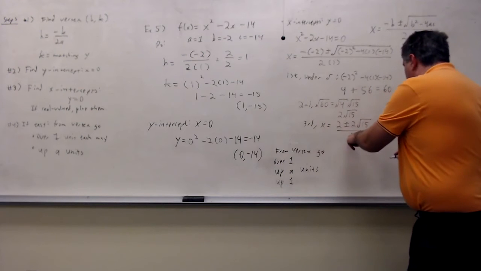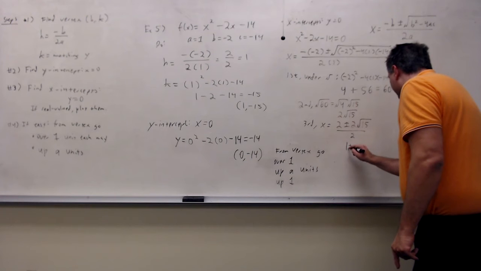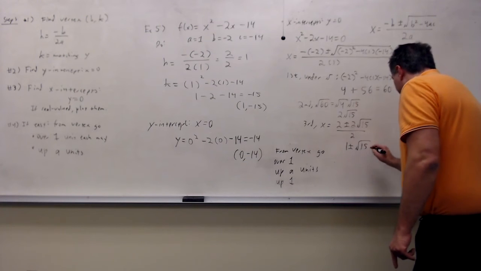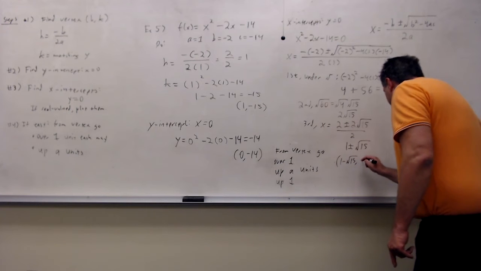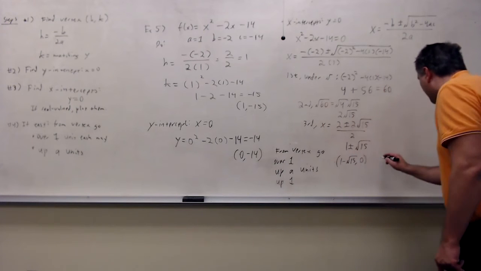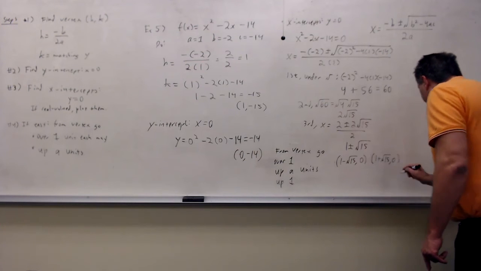Both of these are divisible by 2, which gives me 1 plus or minus the square root of 15. So I have (1 minus the square root of 15, 0) and (1 plus the square root of 15, 0).